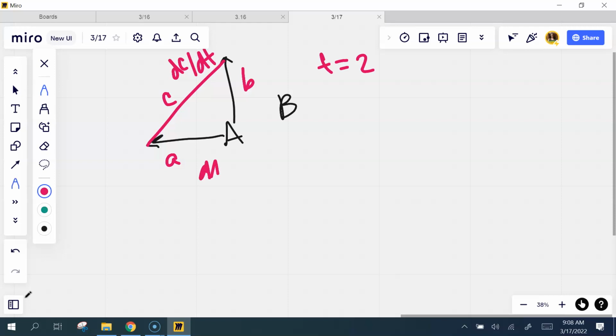At t equals 2, I know dA/dt, and I can find dB/dt, because that's velocity. At time 2, how far is A?